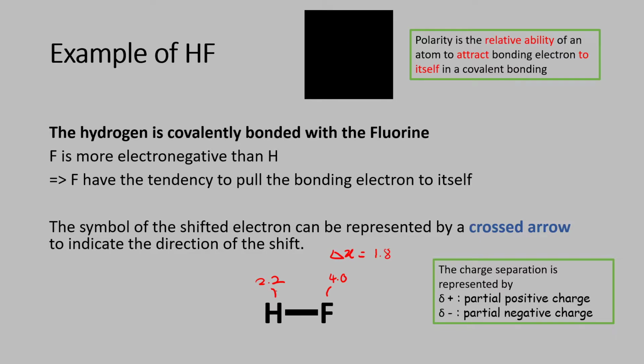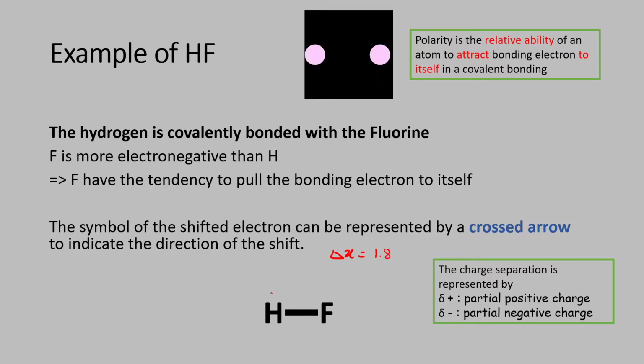And there's one way kita nak tulis, kita nak represent the polarity of a bond. Okay, so cara kita nak represent. Okay, first kita decide which of these two is more electropositive.